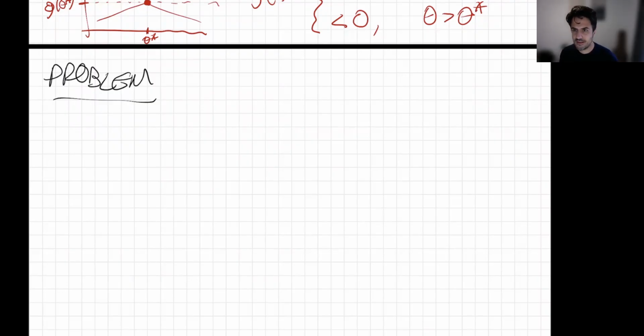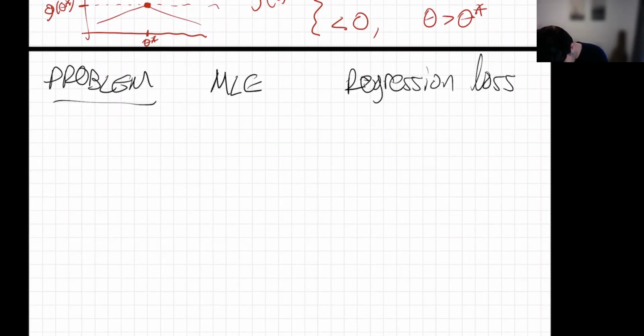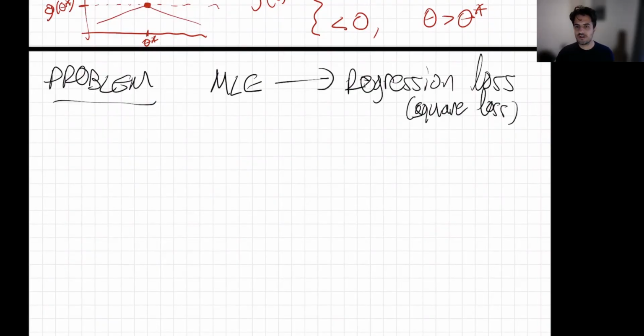Okay, so let me move my windows around. All right, so the main thing here is that this is a super nice connection that says we can come up with the basic regression loss, which is the square loss or quadratic loss, and we can motivate it from a maximum likelihood estimation viewpoint, okay?